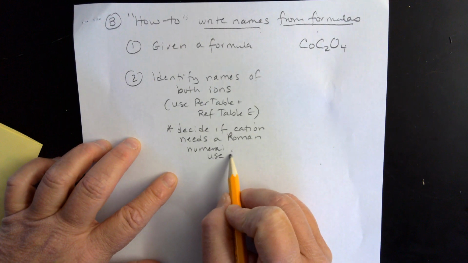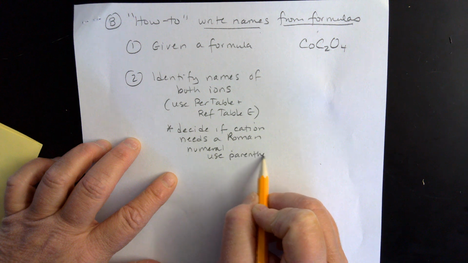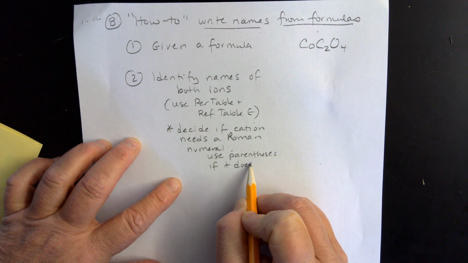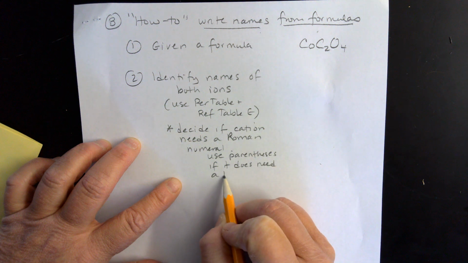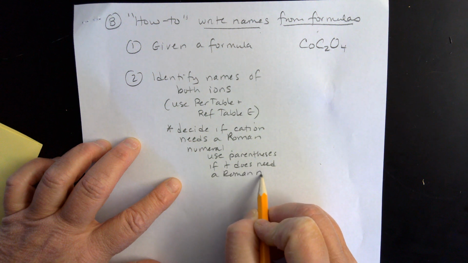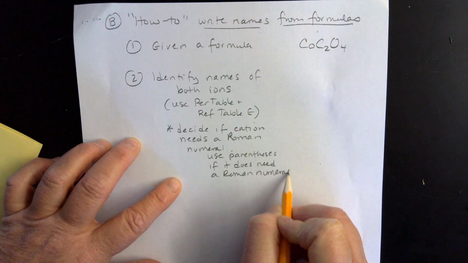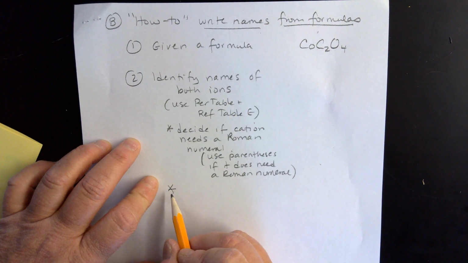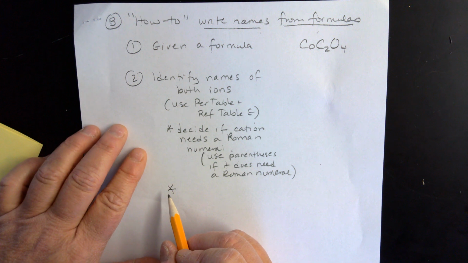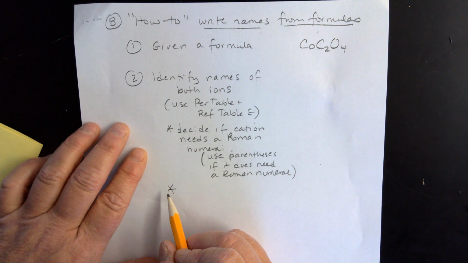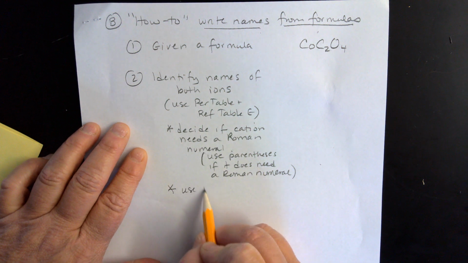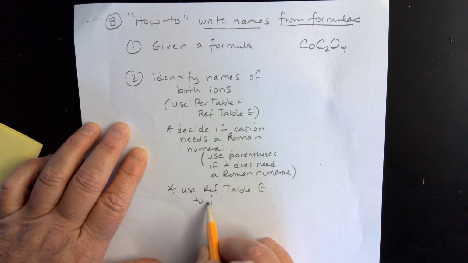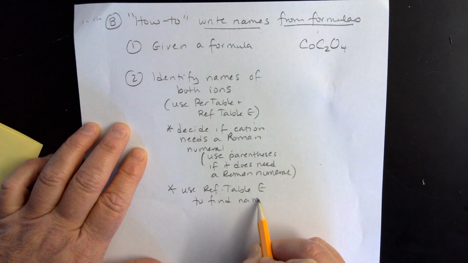Use parentheses if it does need a Roman numeral. So that's one thing you have to do. And then use reference table E to find the name of the anion.